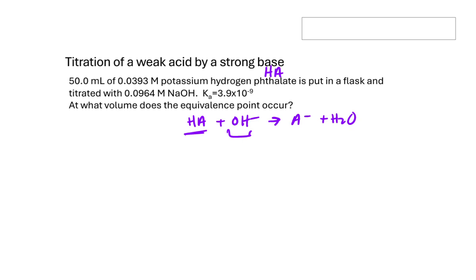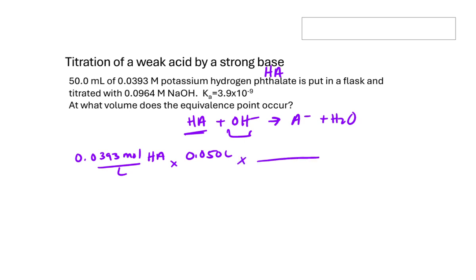So essentially we're going to use dimensional analysis. If we start with 0.0393 moles per liter of HA, we have 50 milliliters of this solution, or 0.0500 liters.